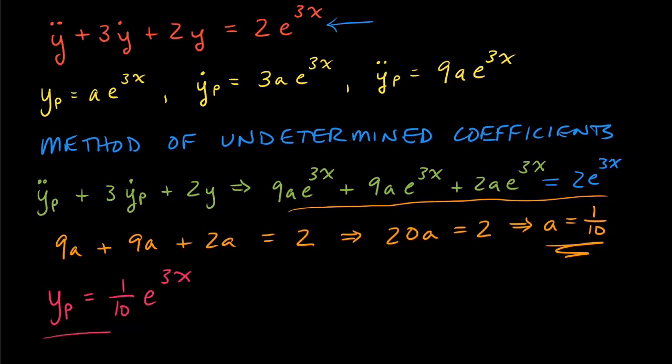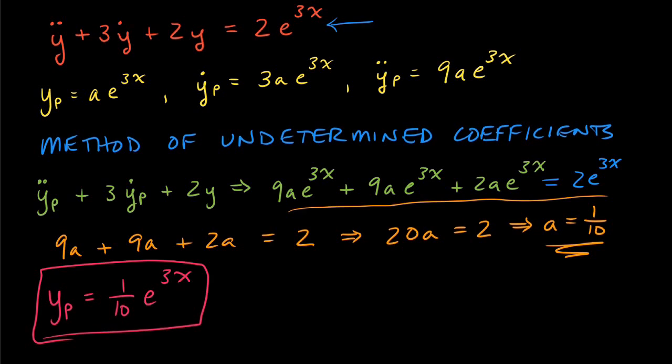Okay, so that is our particular solution, and then we can take that back with the homogeneous solution to come up with the entire general solution. And I'll go ahead and just write that down here.